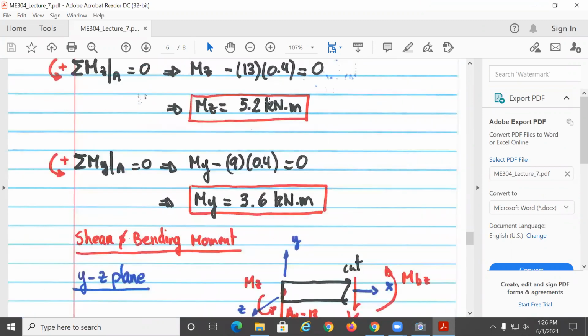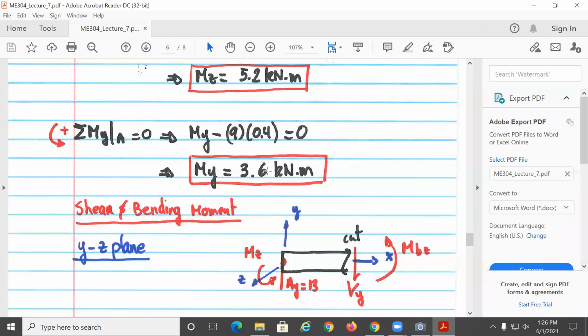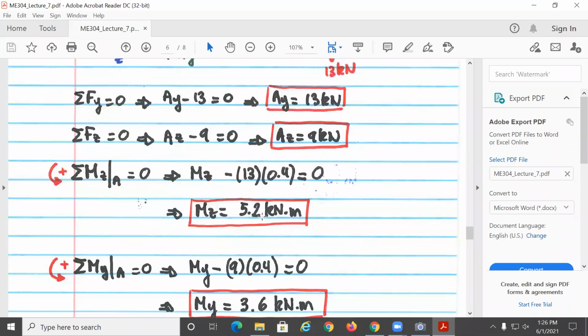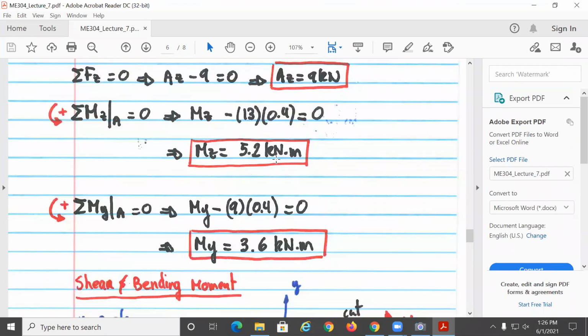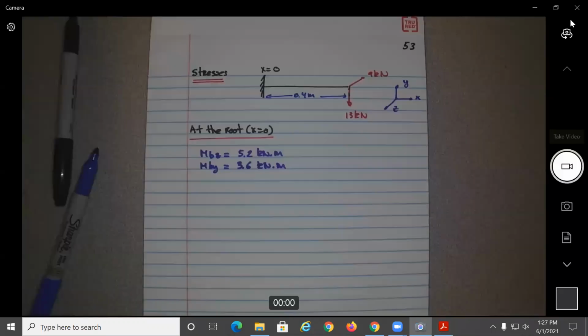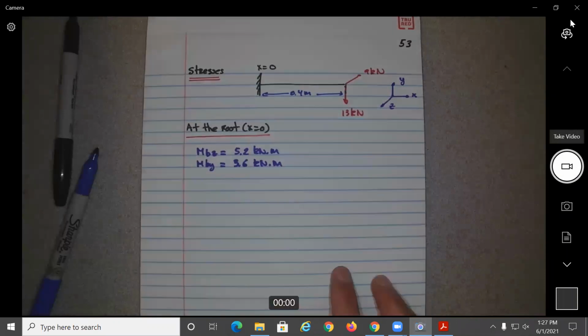So 5.2 and 3.6, counterclockwise. And this one is also counterclockwise. So really both of them. All right. But again, we can look at it from the forces. So it should not be that problematic.